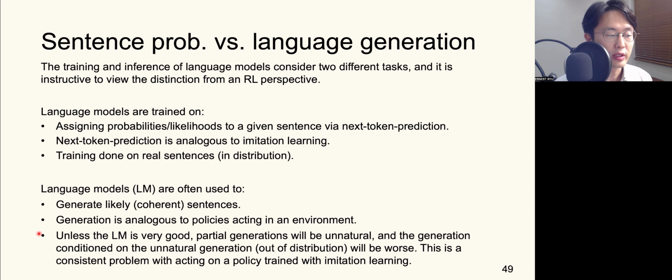And the generation conditioned on this kind of unnatural generation will be out of distribution, because those kinds of unnatural sentences that don't sound like they were written by human beings were not part of the training distribution. And therefore, the subsequent generation conditioned on this kind of unnatural generation will become worse. This is a consistent problem with acting on a policy trained solely on imitation learning.